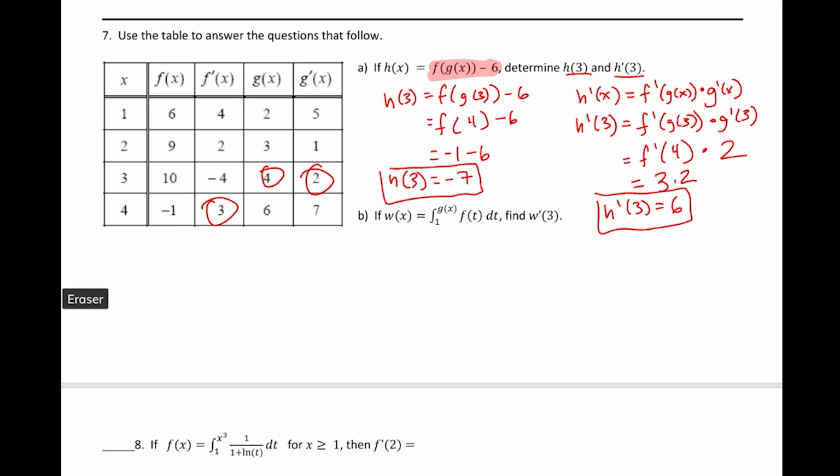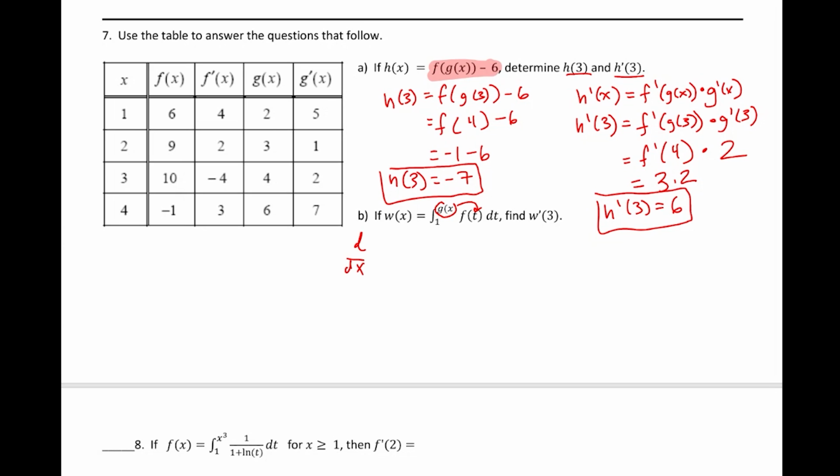For part B, it says if W is defined as we see it, find W prime of 3. So we're going to differentiate that expression and then substitute in 3. So first, let's just differentiate it. To do that, we're going to substitute g of x in for t here. So let me write it out.